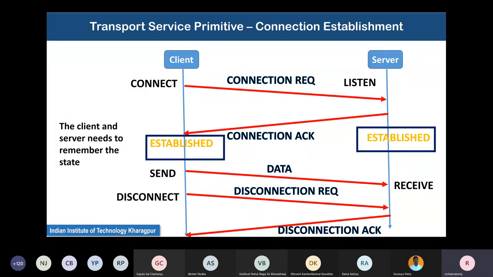However, this diagram completely ignores the fact that these segments flowing between the client and the server will eventually flow through the network layer. And this network layer gives no guarantee of when these segments will be transmitted to the server side, and whether at all they will be transmitted. It makes no guarantee about the delay, and no guarantee about whether it will be transferred.